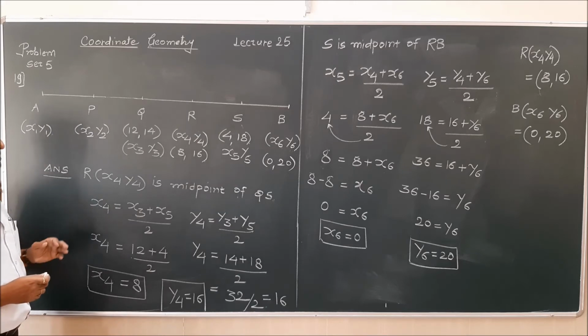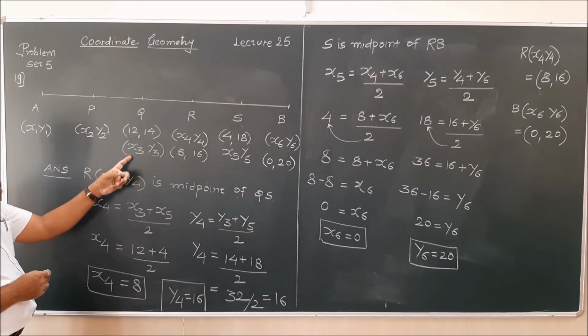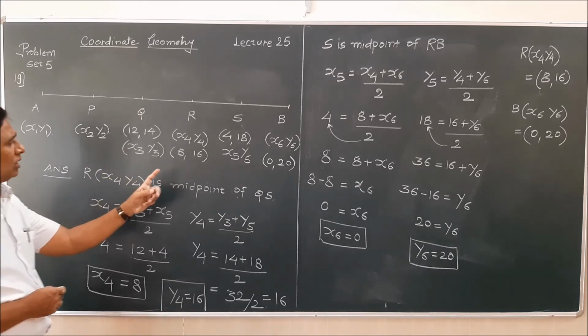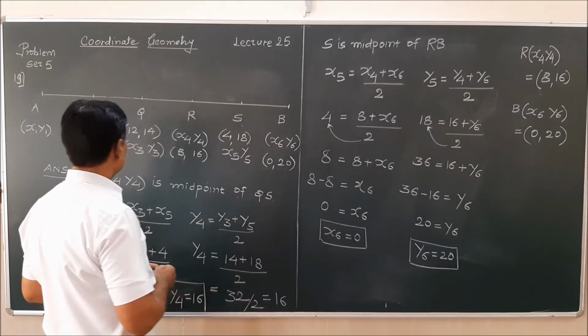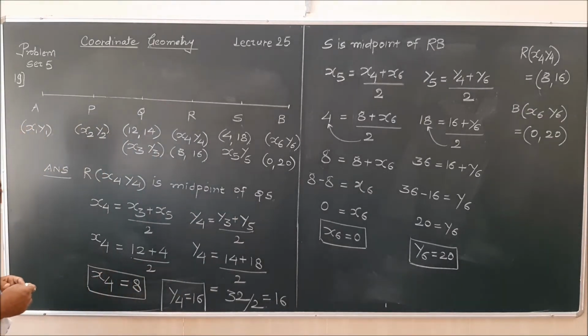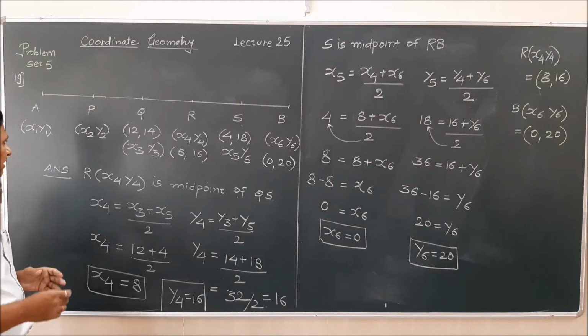Now, serious students here. I know the coordinates of Q. I know the coordinates of R. I know the coordinates of S, as well as the coordinates of B. Now, are the coordinates of A given or not? Not given.